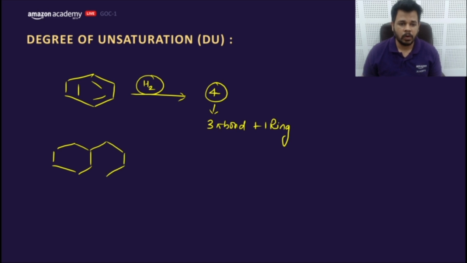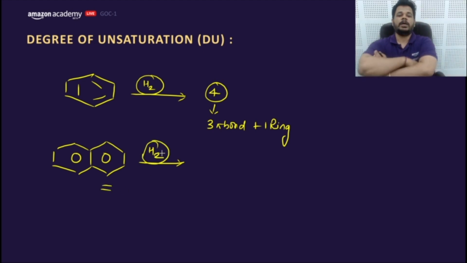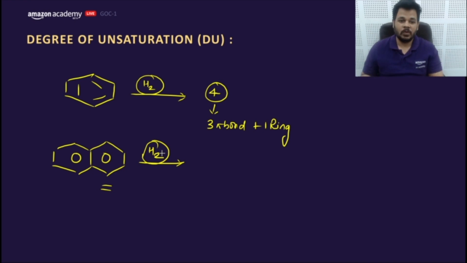Now it would be asked like this. They will test your resonance abilities also. What would be the DU of this? How many moles of H2 are required to convert into an acyclic saturated compound? No, it would not be 8, my dear friends.